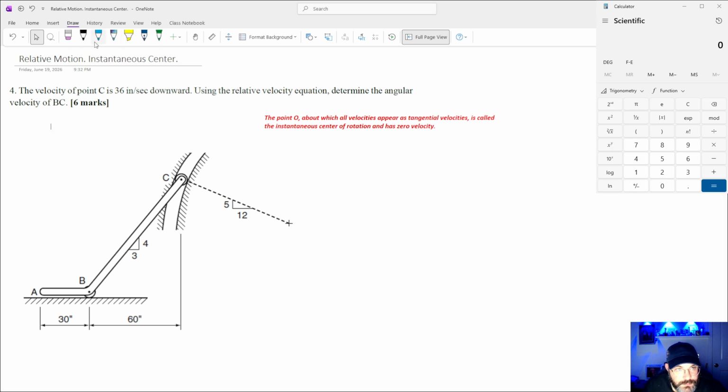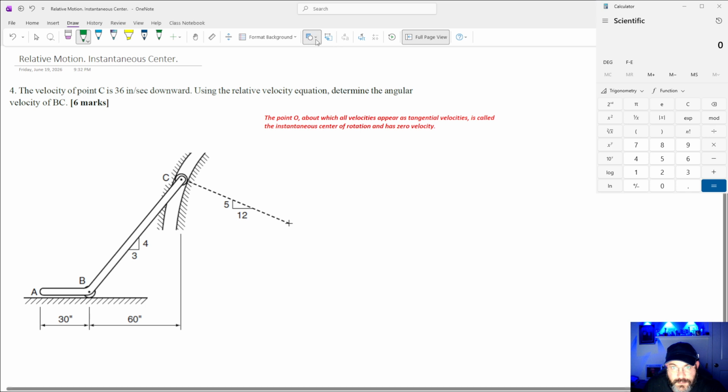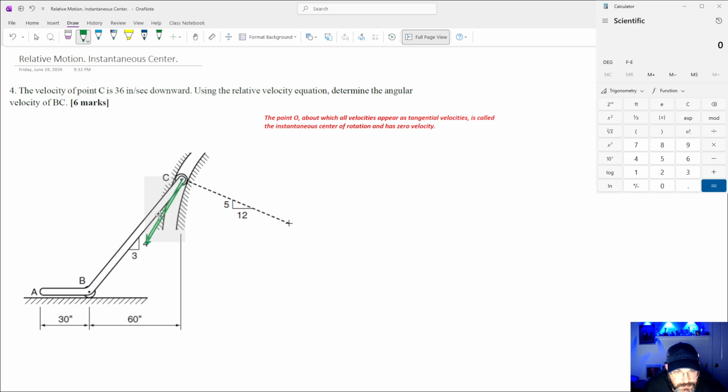Okay, we start in the exact same way, right? We will consider links connected to the frame, so we know the velocity of c. Since it's a circular slot, that's what that cross tells us, right?